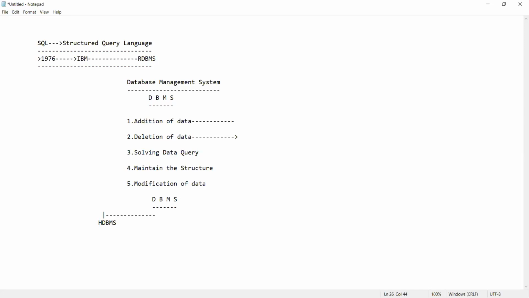HDBMS stands for Hierarchical Database Management System. And this failed due to some reason. We are not using it anymore. Then another author developed one more technique that is called NDBMS.